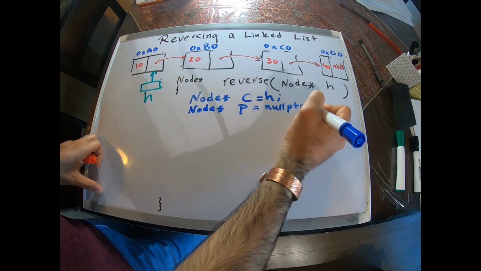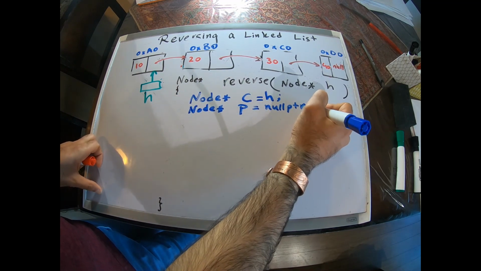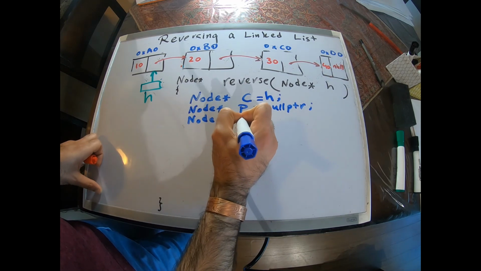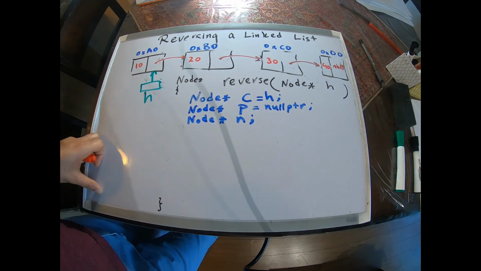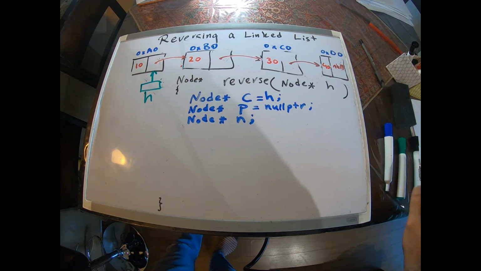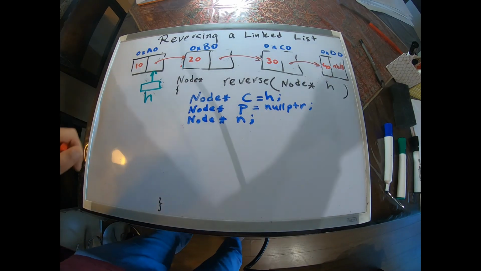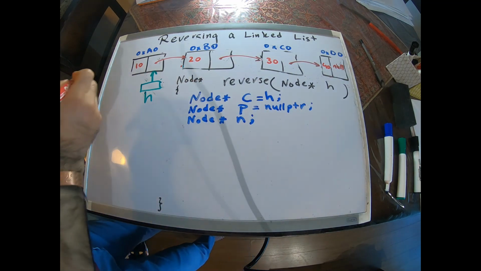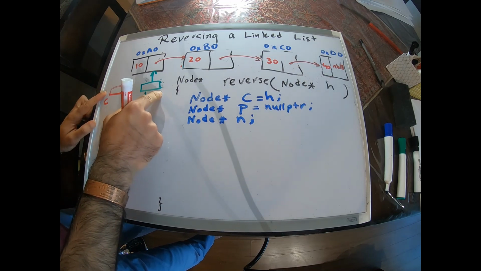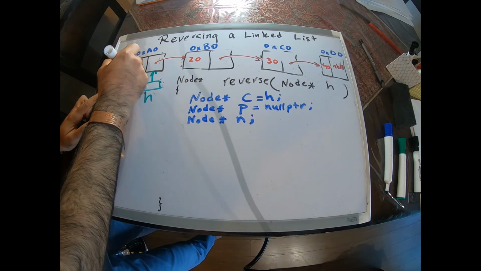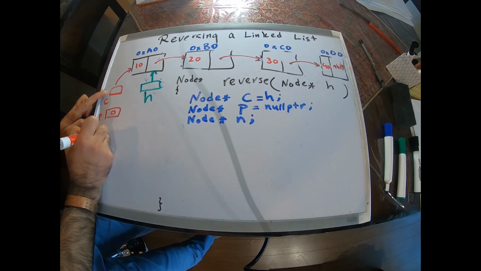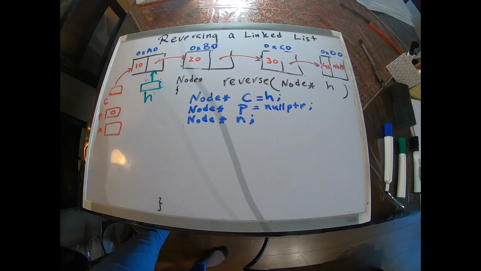And another one which is gonna be called next. I'm not gonna initialize it here. Let's draw these pointers. So this is C, current, which is going to be pointing to where head is pointing to, previous, which is null, and next, which hasn't been initialized yet.